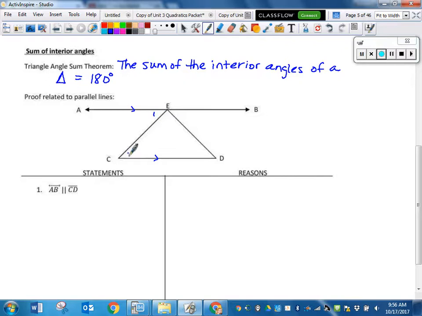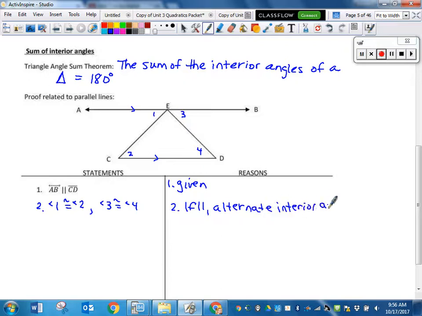We call this angle 1 and this angle 2. Then I could say that angle 1 has got to be congruent to angle 2. I also know angle 3 is congruent to angle 4. That's a given. And my reason here is what? If parallel, alternate interior angles are congruent.